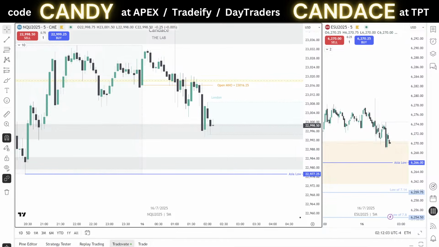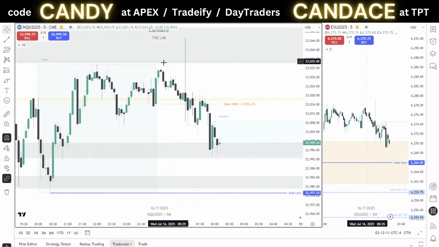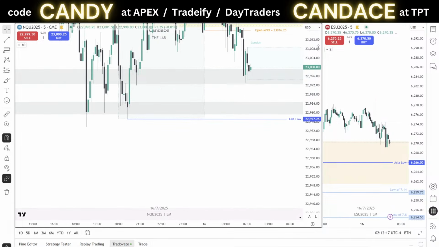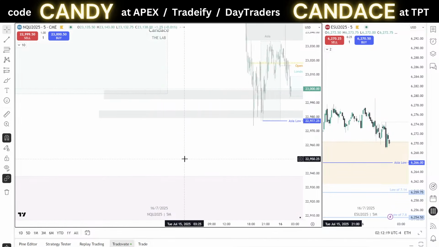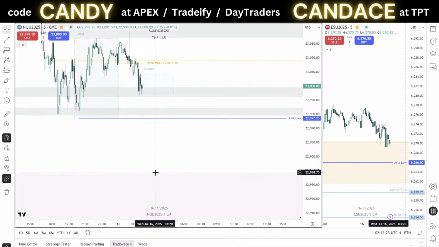You think we go short first? Not a bad idea, but if price just sweeps Asia high, then I might look for short. But right now we're in the middle of the range. For me, it's kind of too late to short, unless you want to short into the annual.